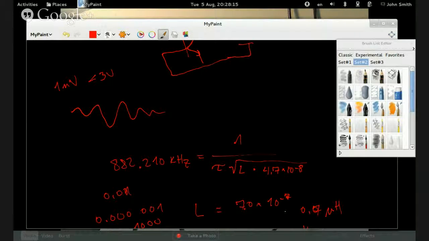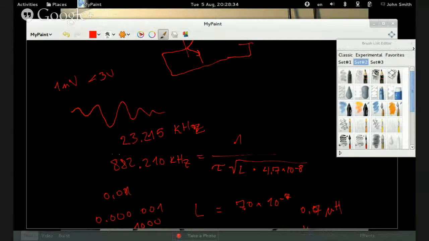Oh yeah, that's why. The resonance frequency is supposed to be 23.215 kilohertz.